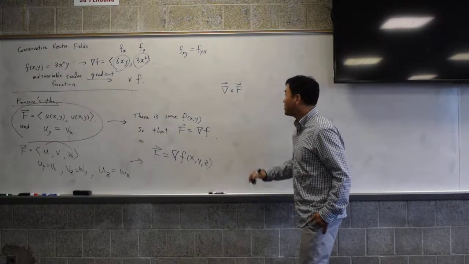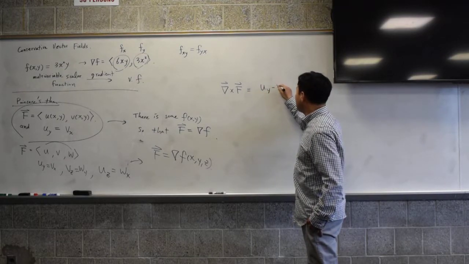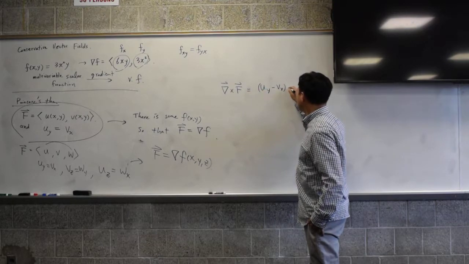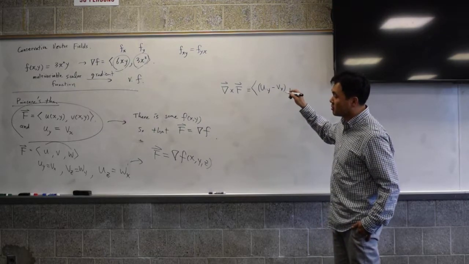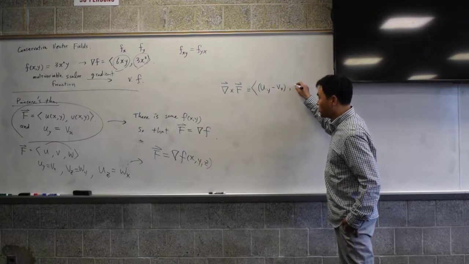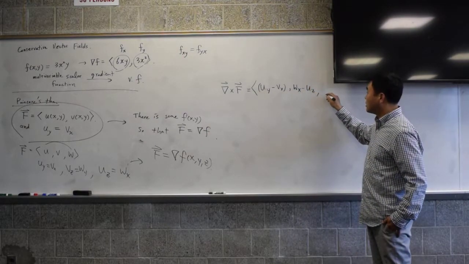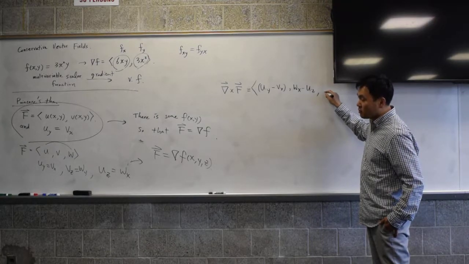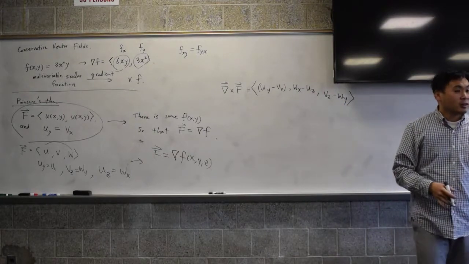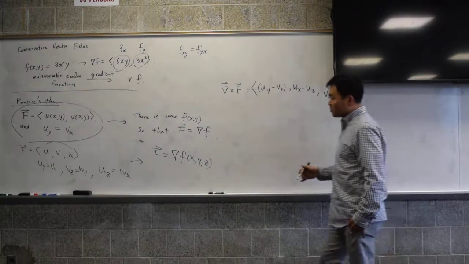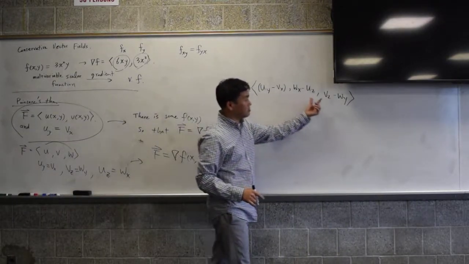And that's exactly u_y minus v_x, comma, and then I think it's w_x minus u_z, comma, and then v_z minus w_y. That's the curl. And all these conditions mean that this is 0, this is 0, this is 0.